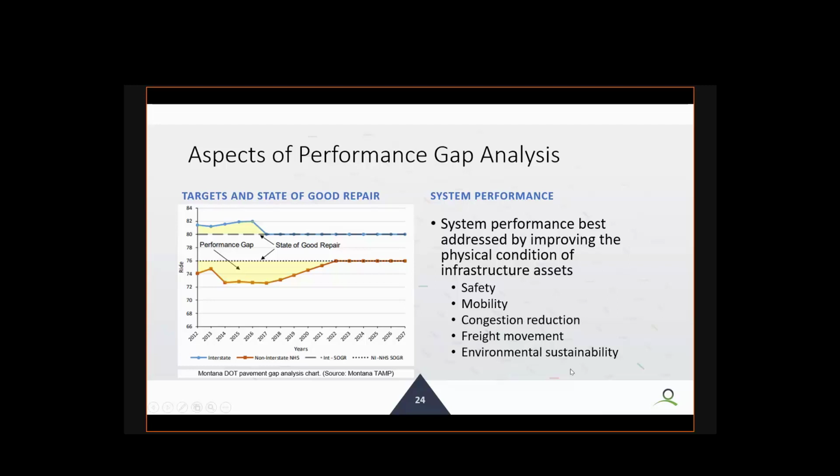So this shows really that gap, as well as their expectations through their investment strategy to shift funding to bring the interstate pavement in line with their performance expectations and address that gap in the non-interstate NHS. So that's a good example of showing how the performance gap can influence your investment strategies, at least in this one case.